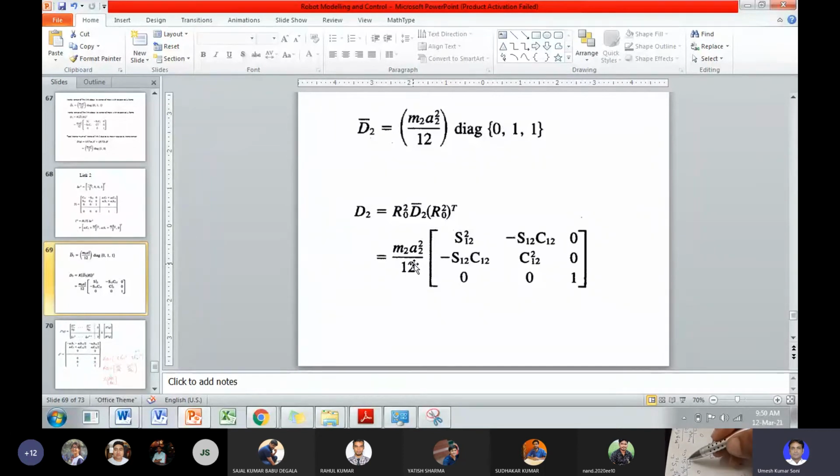Here s12 c12, and here c12 square by 12. So m2 a2 square by 12 common ले लिया है, and this is 0. Here it has taken common this value, so this is 1. So exactly you get the same value here as this.